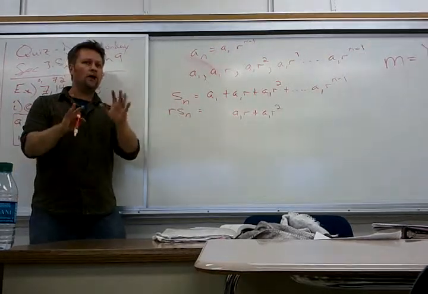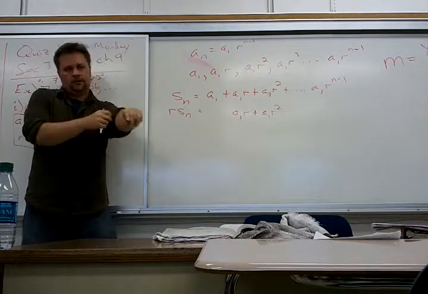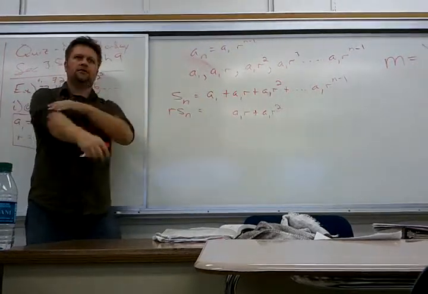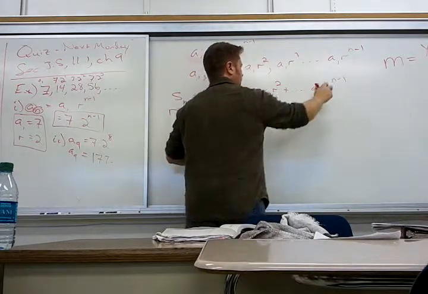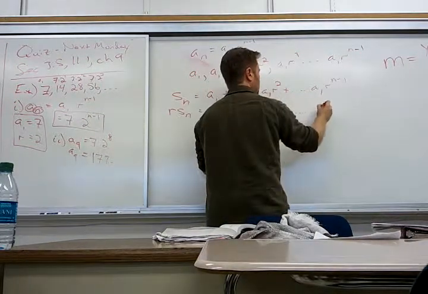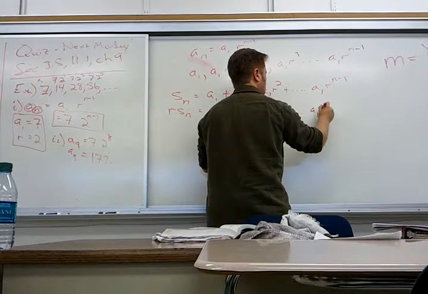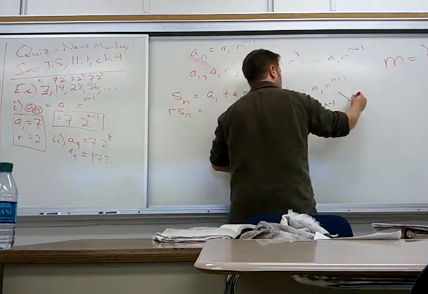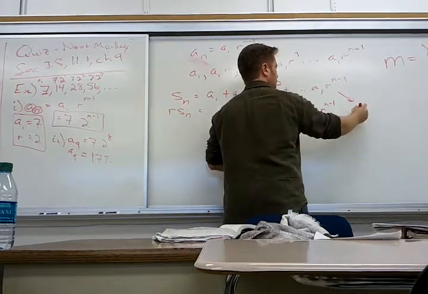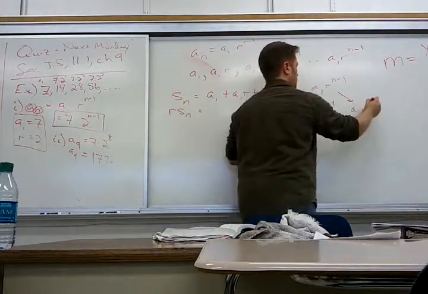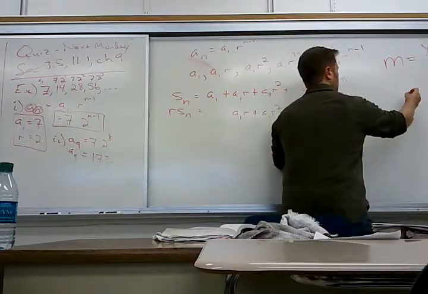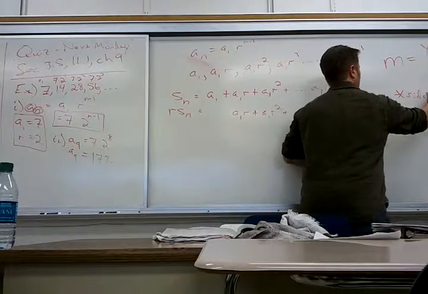And again, if you don't quite get this, it's not the end of the world, because I almost didn't show you this. But then when you multiply A1 R to the n minus 1 by R, what do I get? A1 R to the n.